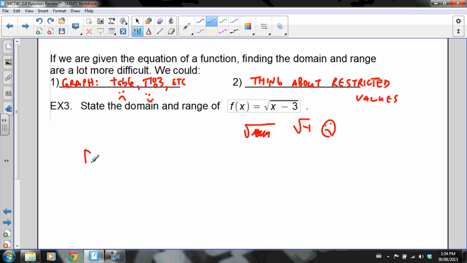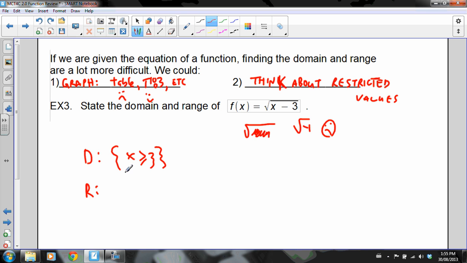So the domain, restricted values, is x has to be greater than or equal to 3. Otherwise, we're going to take the square root of a negative and we get a sad face. So that should be the domain if we're thinking about restricted values. Well, what about the range then?